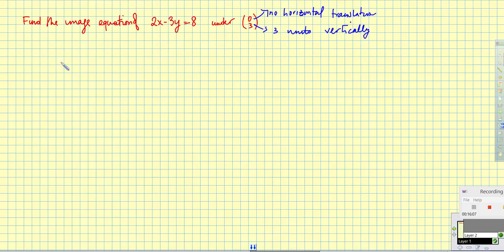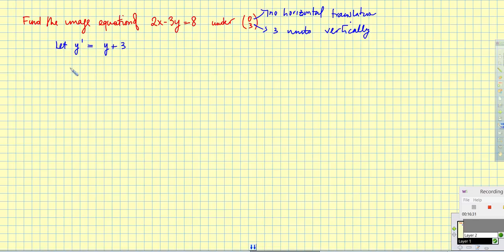Okay, so I'm going to use the second method that I showed on the last slide. What I'm going to do is let the new value of y, y prime, equal the old value of y, and then it's plus 3. So wherever there is a y in the equation given above, I will replace it with y plus 3.